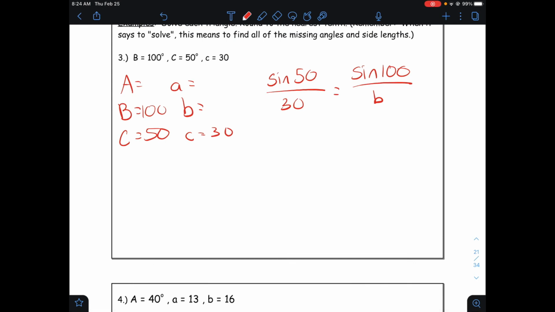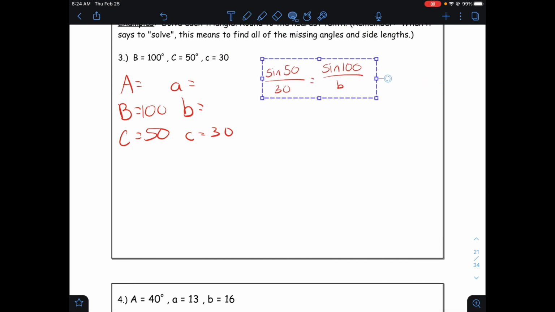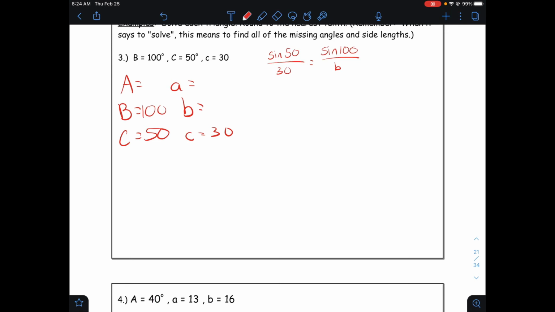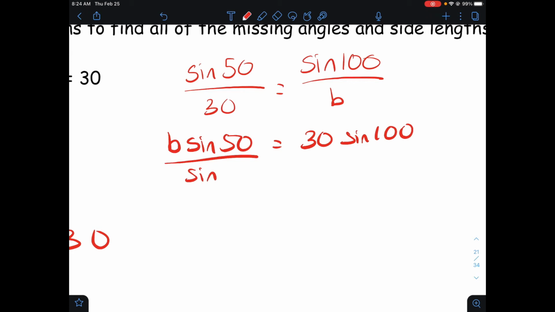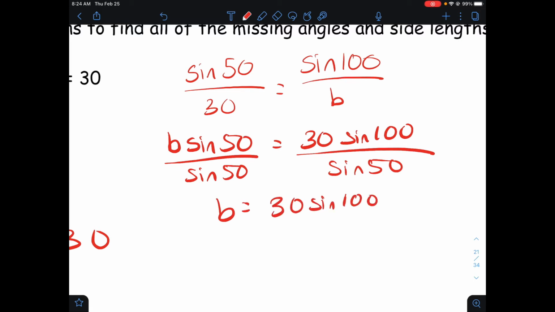So we're definitely going to run out of space here, so I'm just saying you might want to write smaller than what I'm doing. All right, so we'll go ahead and cross multiply, and we get B sine of 50 equals 30 sine of 100. Divide both sides by sine of 50, and we get B equals 30 sine of 100 all over sine 50.